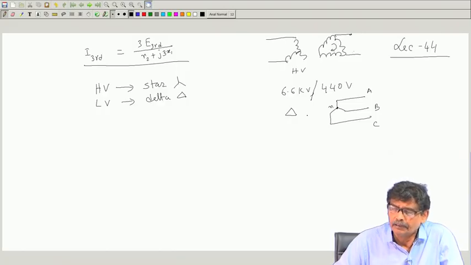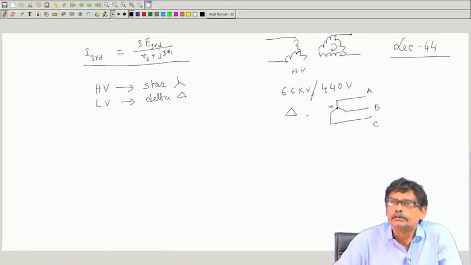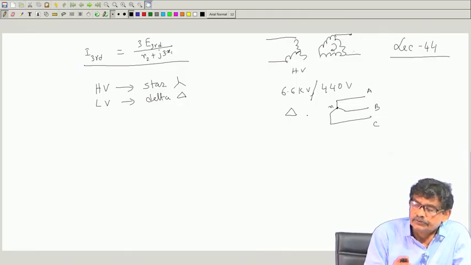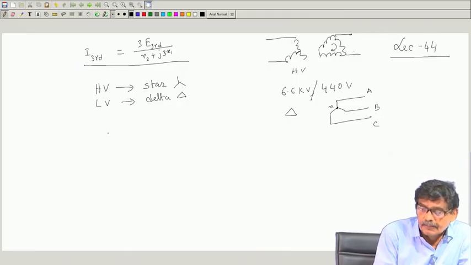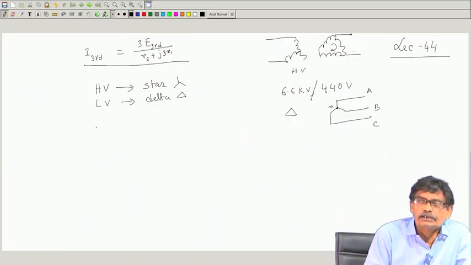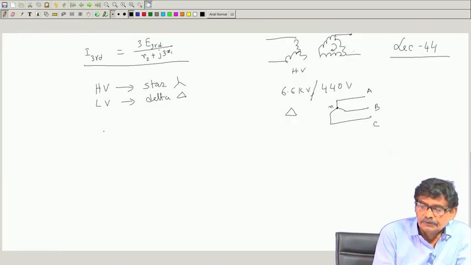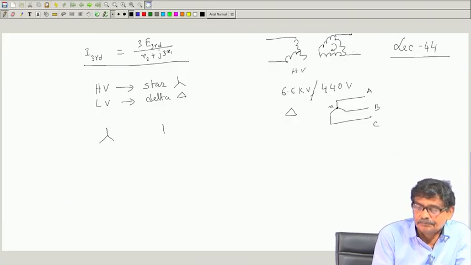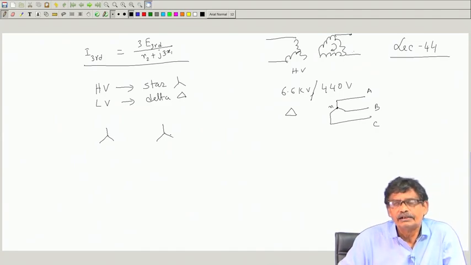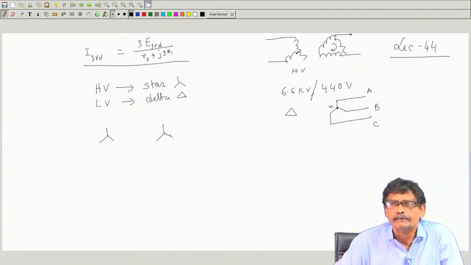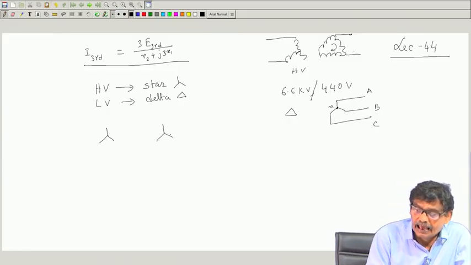And sometimes if the voltages are high, what people do is use star on both sides, relatively high voltages. So, then select star-star, but with star-star there are problems we have seen. But what people will do is put another coil which will be delta connected.